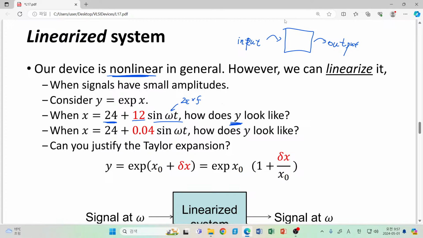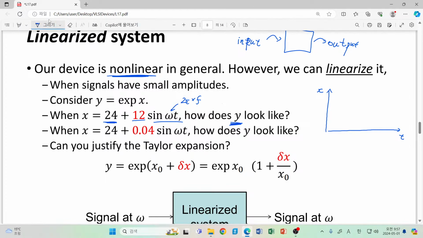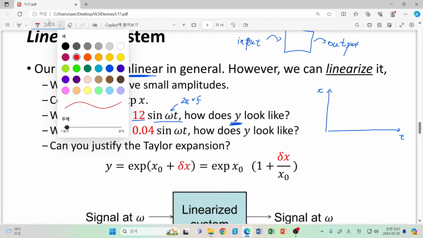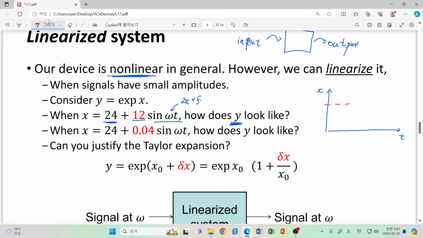So if we visualize x first of all, what will happen? Can you draw it, with time on this axis and x on this axis? Of course you can. When you draw this function, you will have first of all 24. Then how about the sine term?